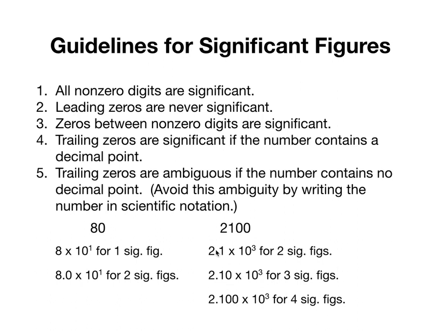Now, I know there are some of you, many of you maybe, looking at this saying, you know what? Mathematically, these are all the same thing. This is 2100. What difference does it make? It makes a lot of difference. We're not talking about exact numbers here. We're talking about measured numbers.